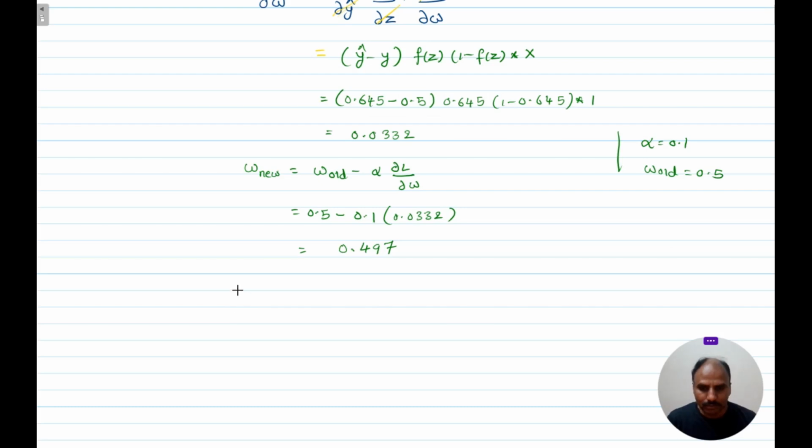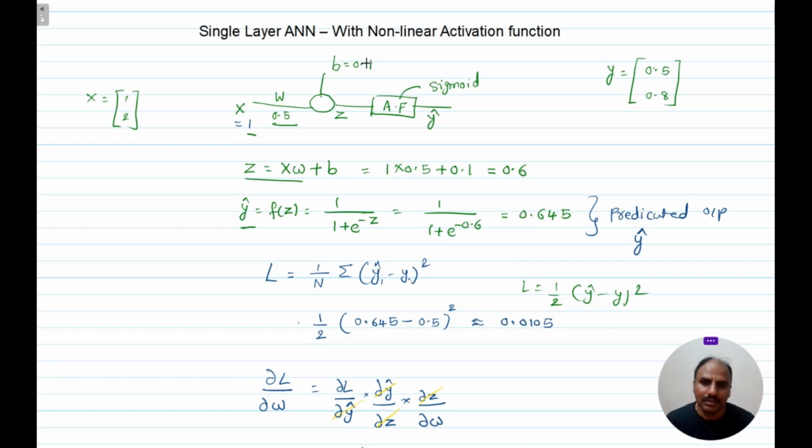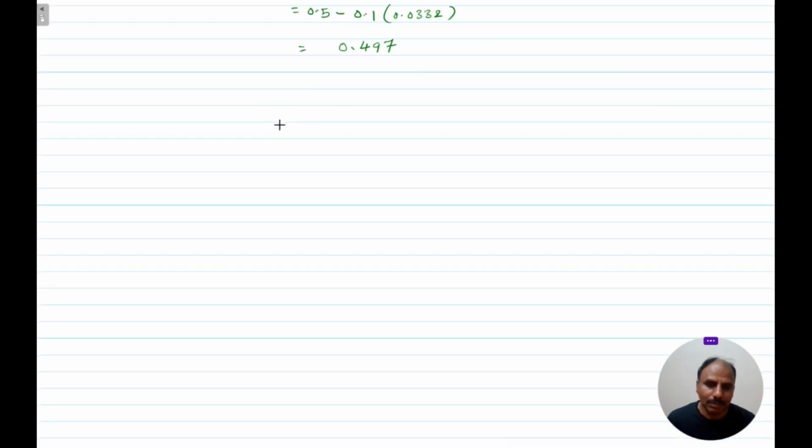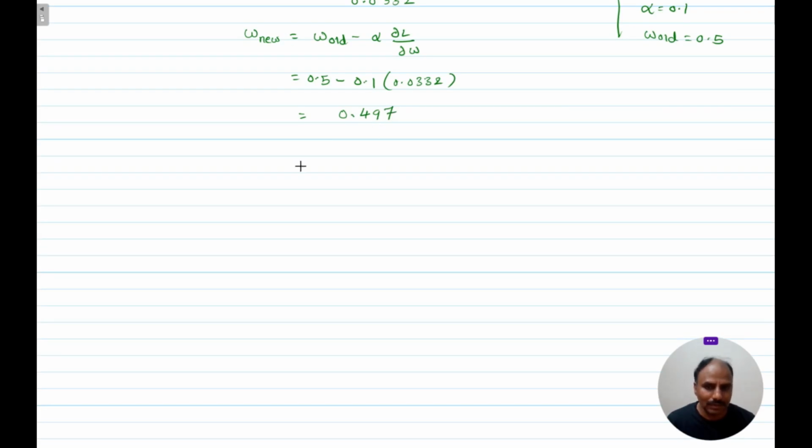Next, one more parameter we need to optimize, that is B. One W we have optimized and we obtained the result 0.497. And another is the bias term for optimization. Write down ∂L/∂B equal to ∂L/∂y_cap, ∂y_cap/∂z, ∂z/∂B. So ∂L/∂y_cap has no changes, y cap minus y.